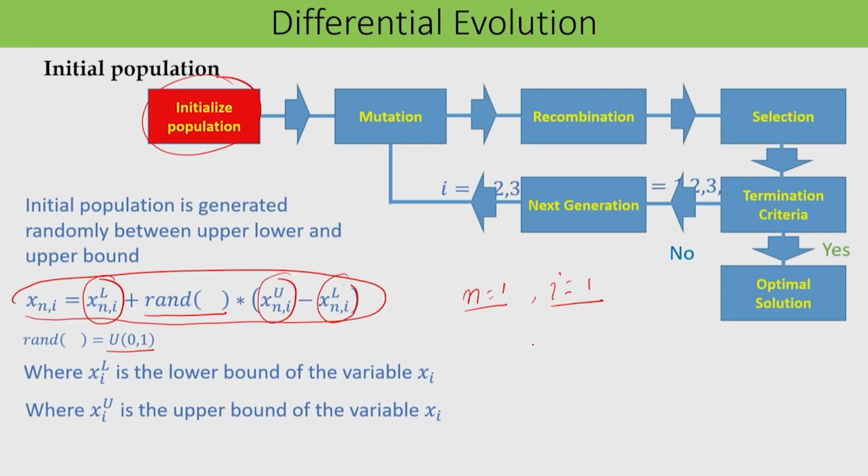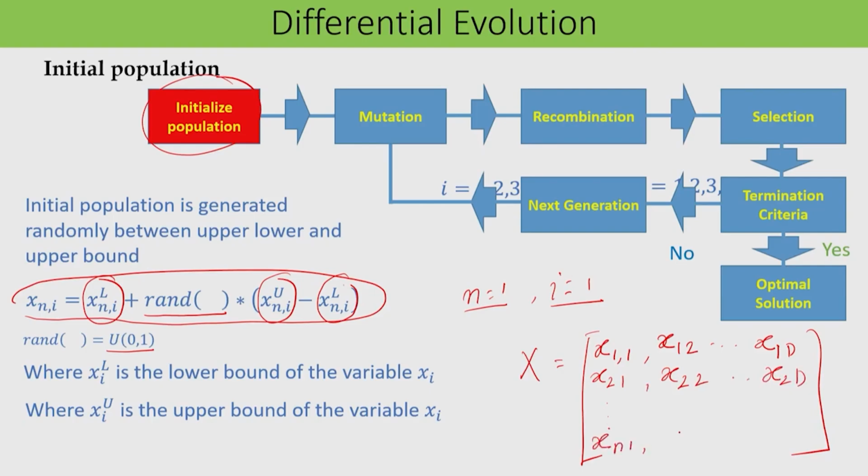Let me explain it here. This is x_1,1 and this is x_1,2, like that this is x_1,d. Then this is x_2,1, x_2,2 and this is x_2,d. Similarly, I have x_n,1, x_n,2 and then x_n,d.